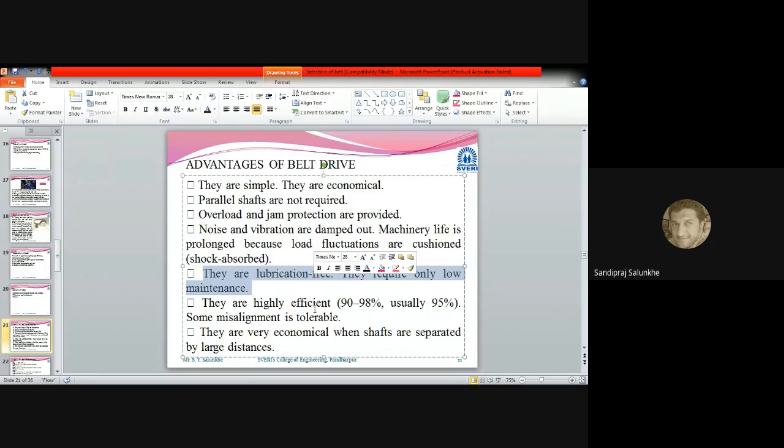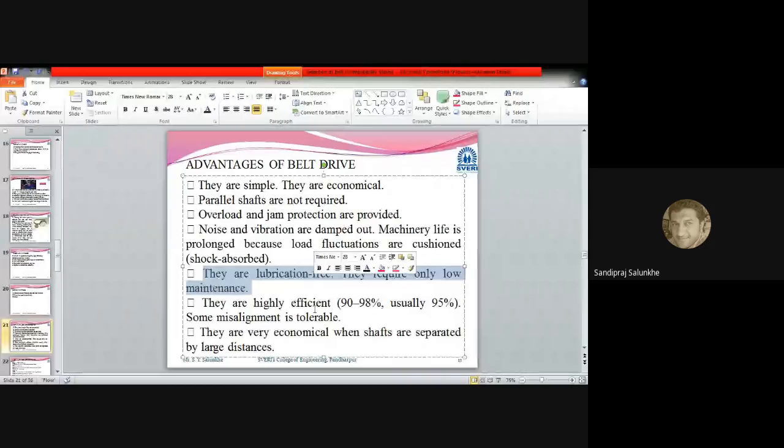Not as in case of some other drives where slippage is more for transmitting the power, or wastage of power takes place, like in case of even chain drive or gear drive, some of the power gets wasted in the friction, whereas in case of belt drive it gets wasted because of the slip. But if you are going to compare it, then the percentage which gets wasted is less in case of this belt drive.